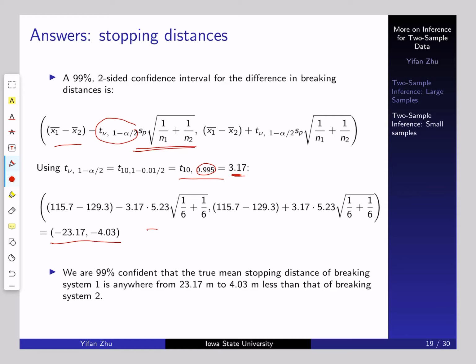So that means if you do such hypothesis testing, you can reject the null hypothesis and conclude that mu1 and mu2 are different at the significance level of alpha equals 0.01.